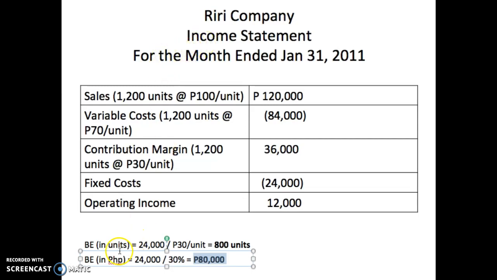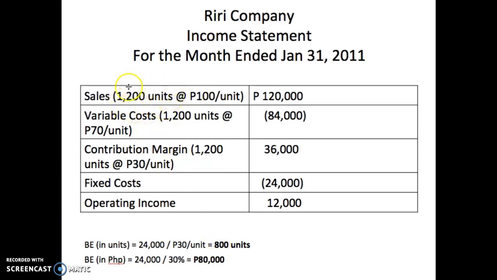Now, how will the margin of safety come in? Obviously, here we exceeded the break-even point in pesos. The difference here of 120 and 80 is actually your margin of safety. You can also do that in units. The break-even point in units is 800.